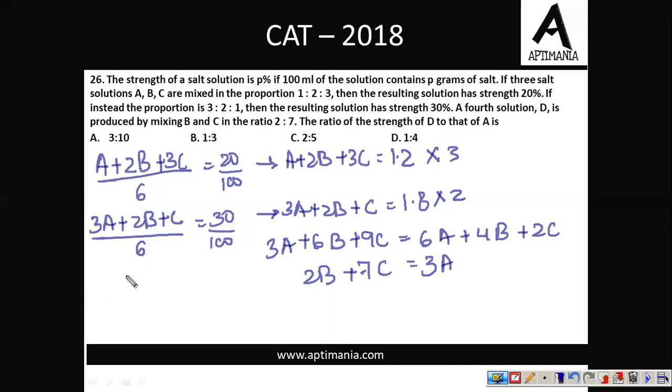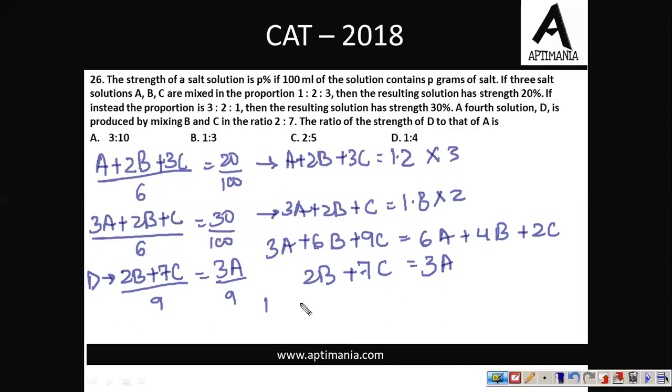Talking about D, B and C are in the ratio 2:7, so 2B plus 7C upon 9 will be the strength of D. 2B plus 7C can be written as 3A upon 9.